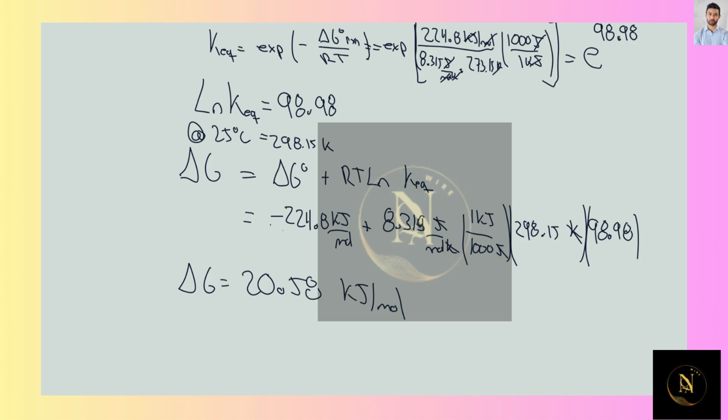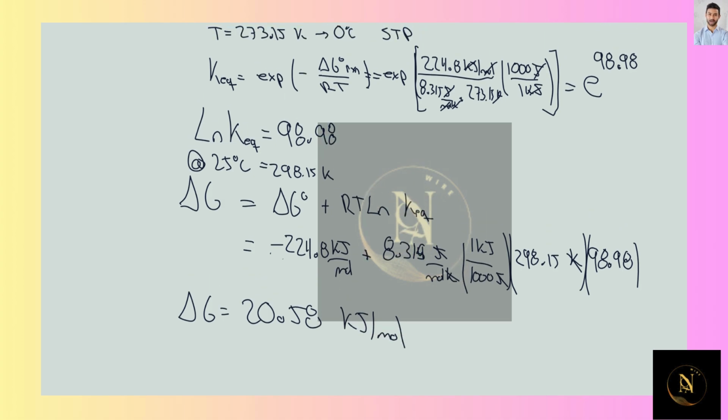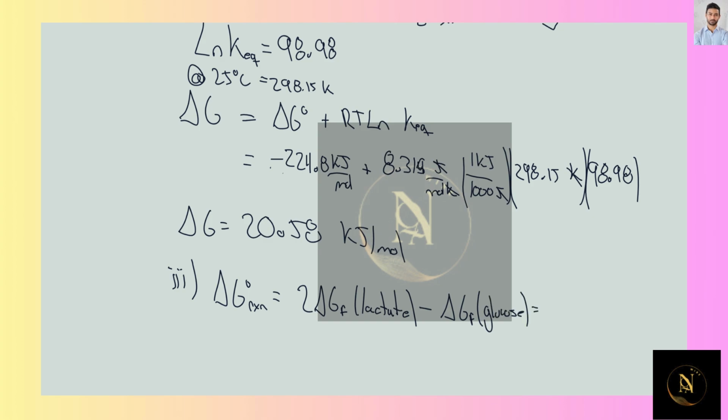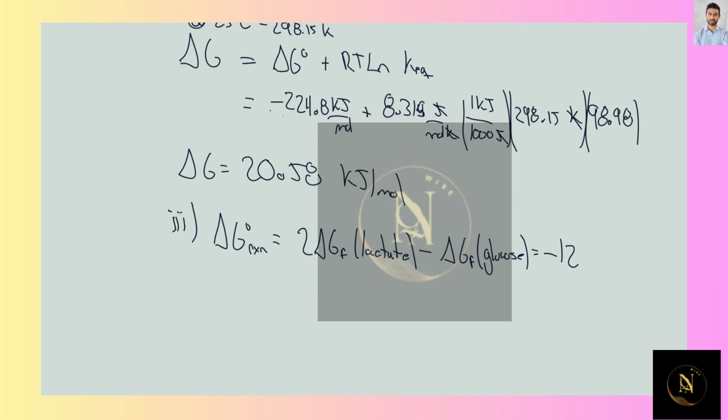Notice that we turned a reaction that was spontaneous into a non-spontaneous one just by the effect of temperature. So for the last one, you can repeat the same procedure. I'm just going to give you for reaction 3 what would be the delta G naught for the reaction, which would be equal to 2 times delta G of formation of lactate minus delta G of formation of glucose, which is equal to minus 122.6 kilojoules per mole.